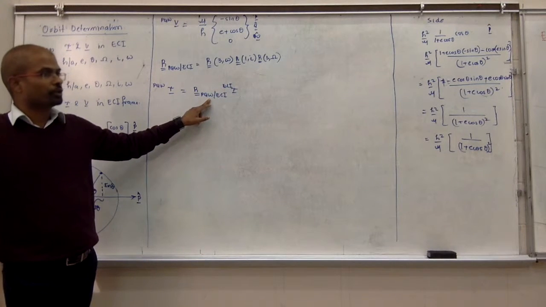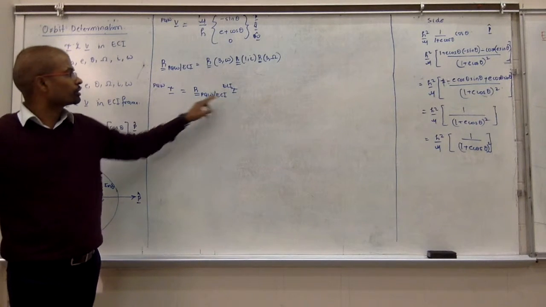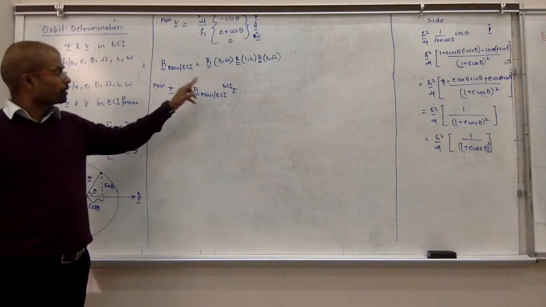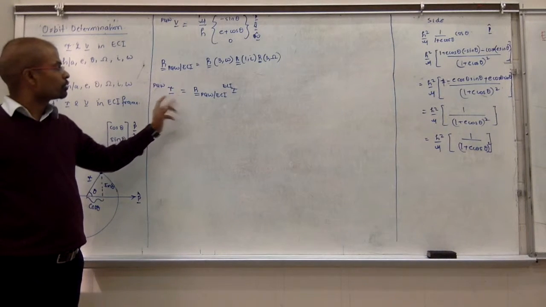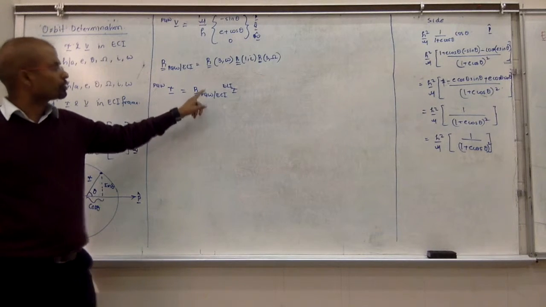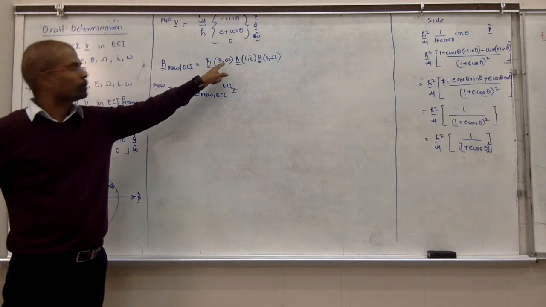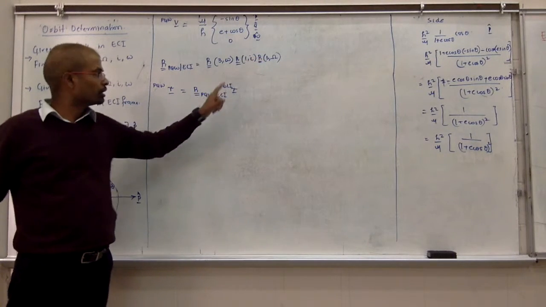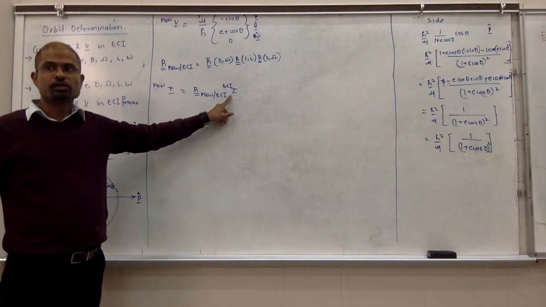So this is 3 by 1. That makes sense, okay? Now what is happening is we know this because we know omega, we know I, and we know capital Omega. Okay?